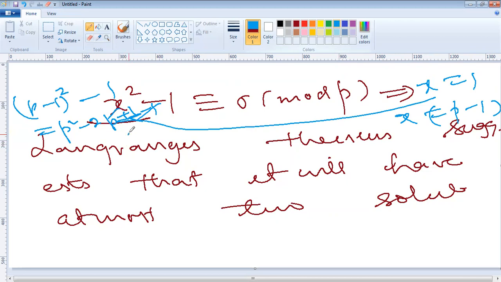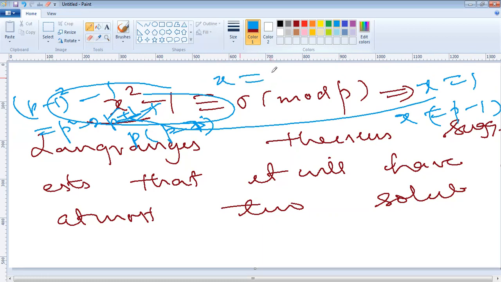So p square minus 2p can be written as p into p minus 2. Again this is divisible by p, so this will also satisfy it. So exactly it will have two solutions, because at most it had two and we have found those two solutions: x equal to 1 and x equal to p minus 1.